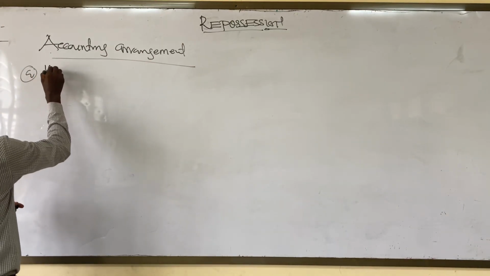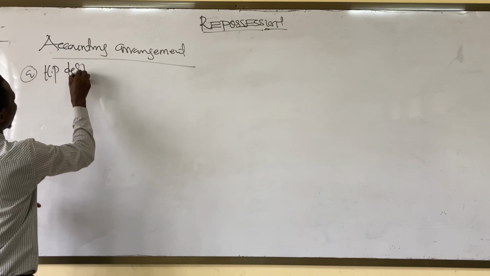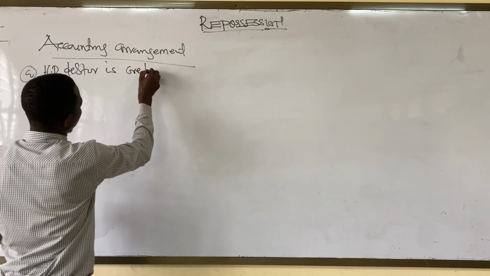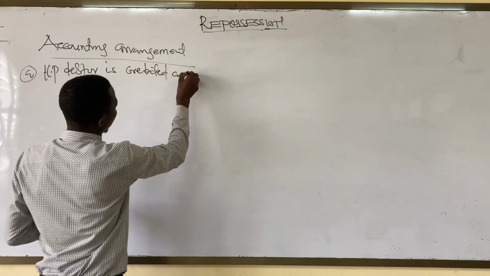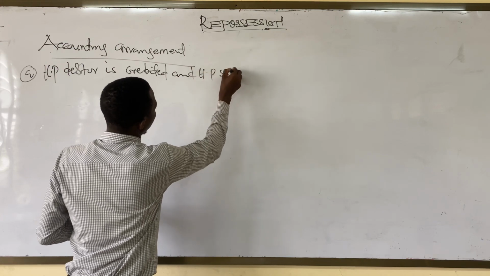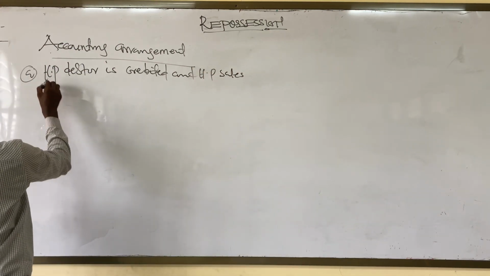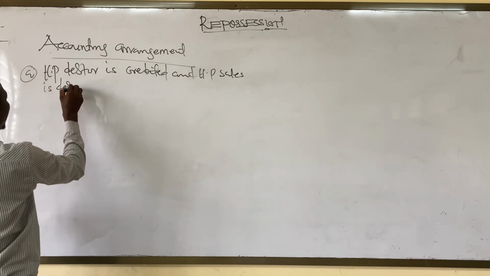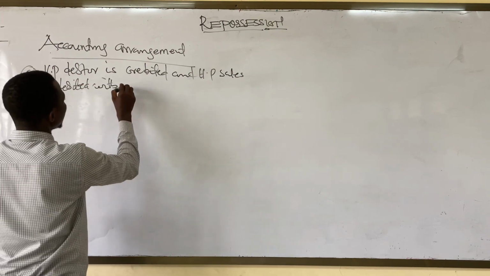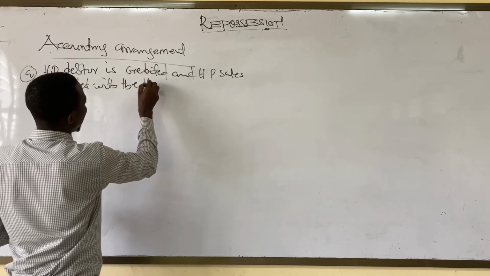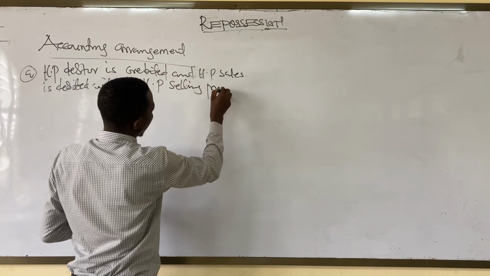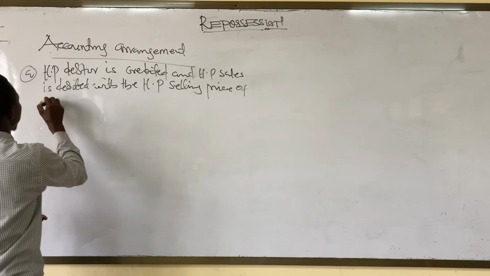So HP debtor is credited and HP sales is debited with the hire purchase selling price of the repossessed goods.